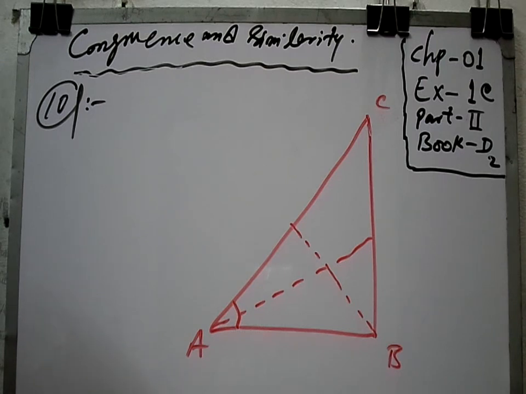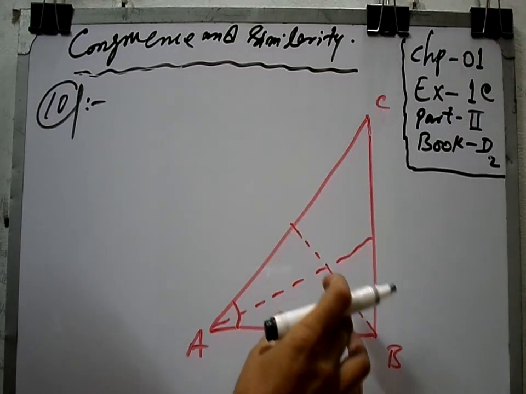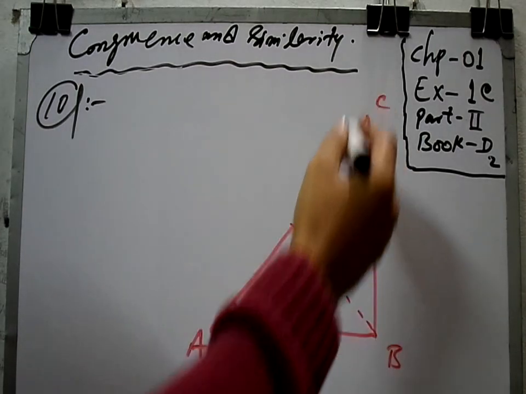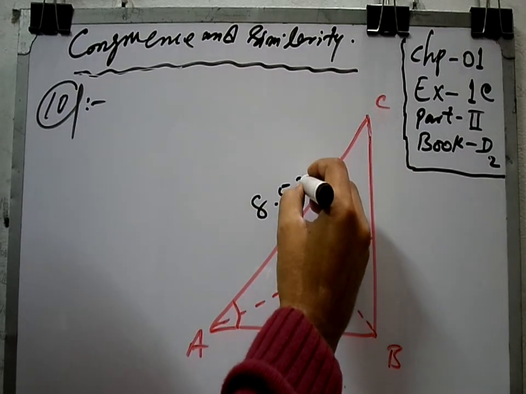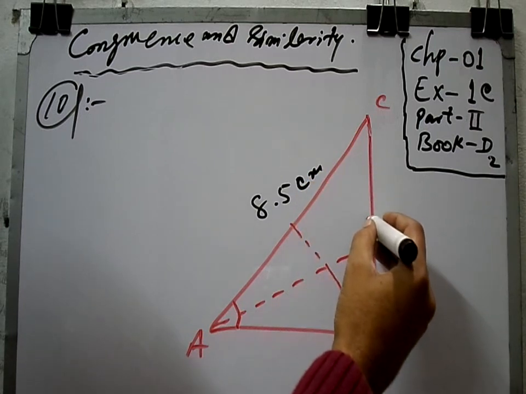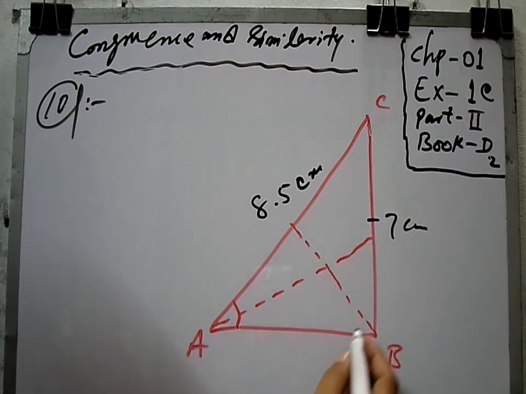So we have to write the given data that is in your textbook. After reading the statement we have come to this conclusion, that is your ABC. This side is 8.5 centimeter, and that is your 7 centimeter, and that is your 9 centimeter.